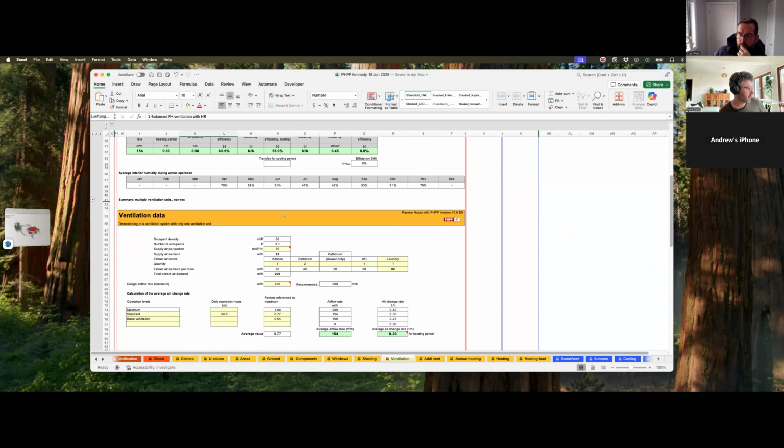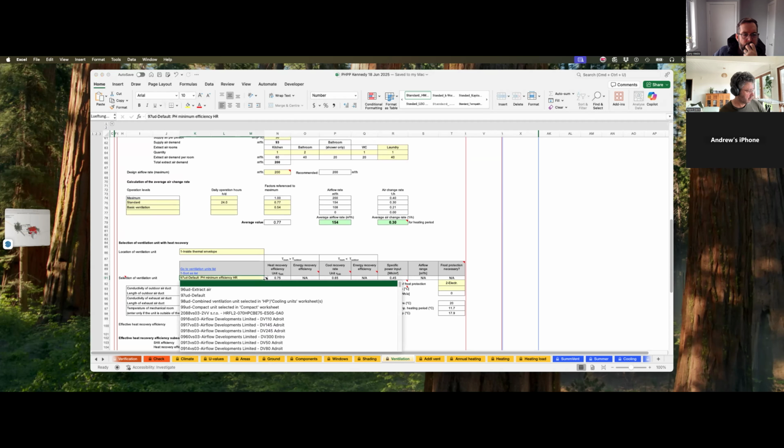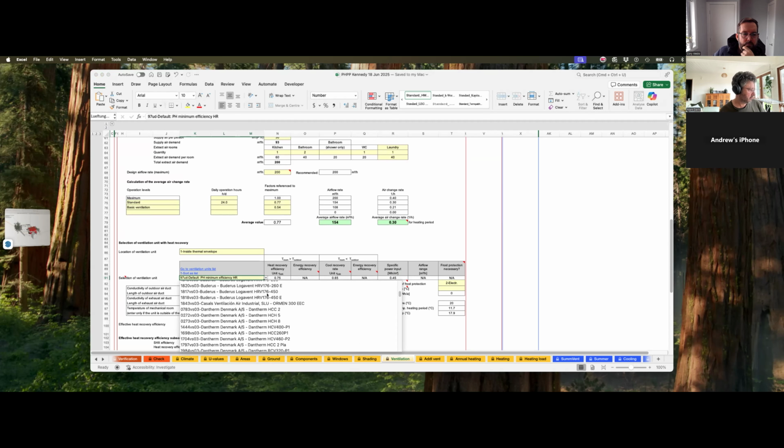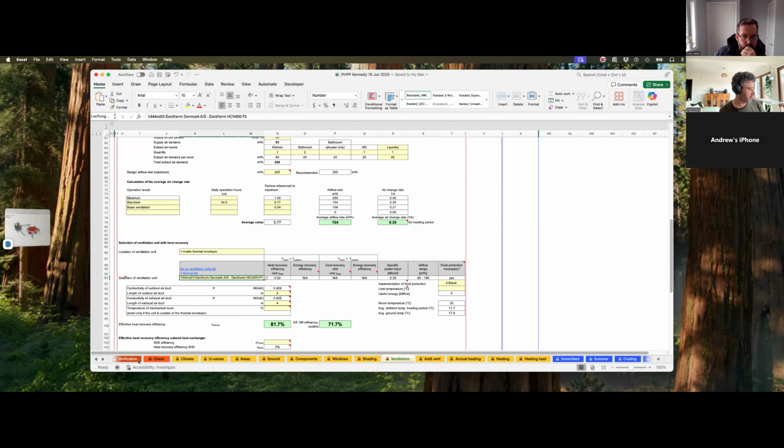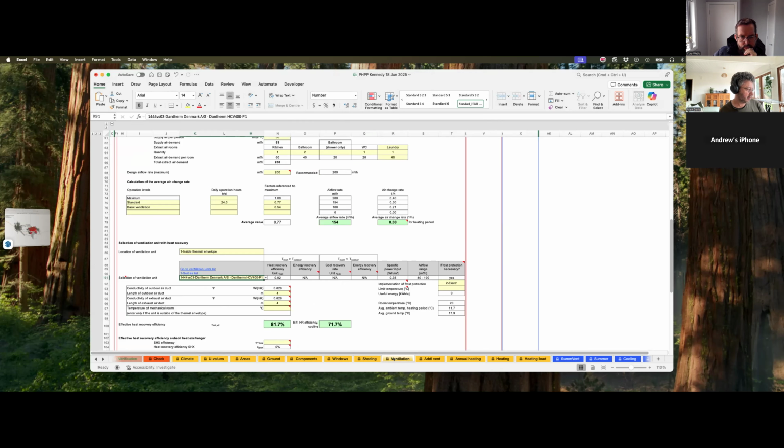Wrong spot. Yeah, that's improved our heating demand a bit. Right. It's a better unit than the default unit, basically.